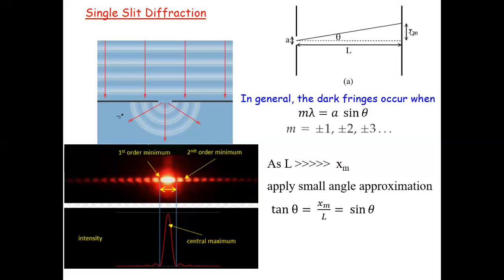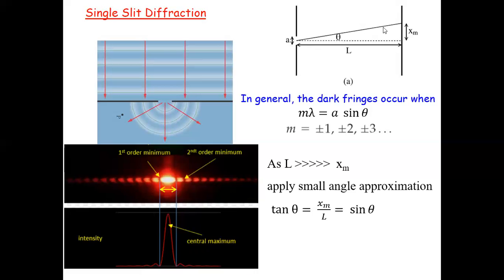So you can write trigonometric functions like tan theta, sine theta, cosine theta. If you write the equation for tan theta, it will be opposite over adjacent. Here opposite is xm, and adjacent is L. So the tan theta value is xm over L. But if you write the equation for sine theta, it will be opposite, which is xm, over the hypotenuse.